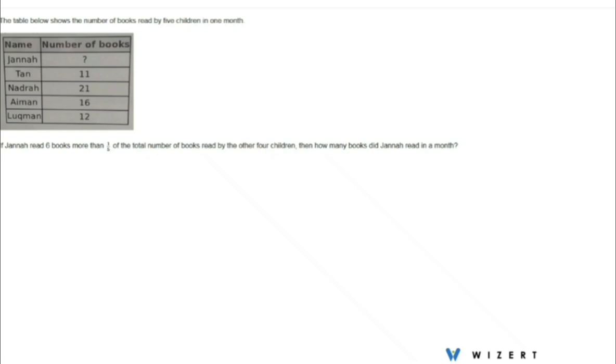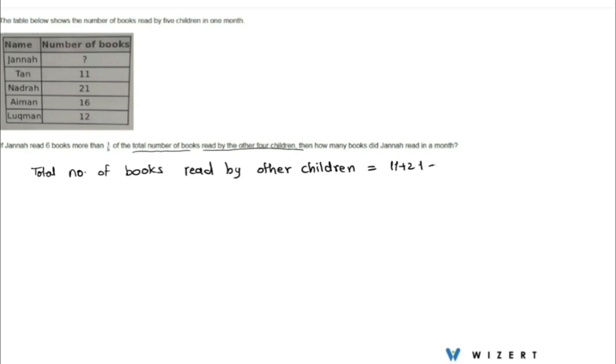Now let's first calculate the total number of books read by the other 4 children. So the total number of books read by the other children is equal to 11 plus 21 plus 16 plus 12. 6 plus 2 is 8, 8 plus 2 is 10.